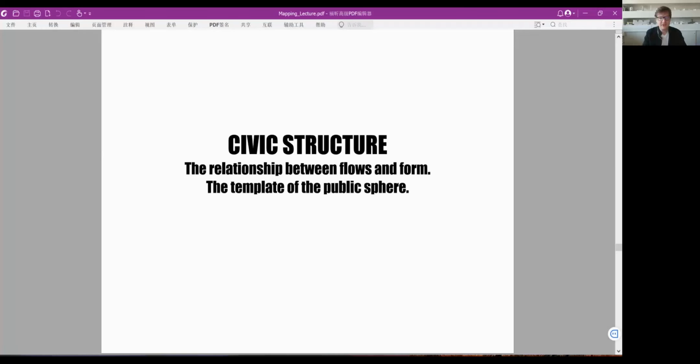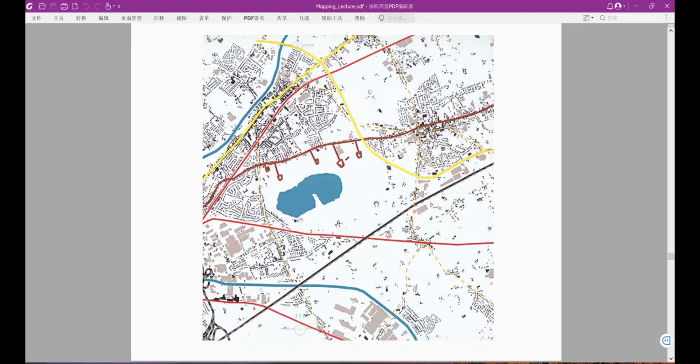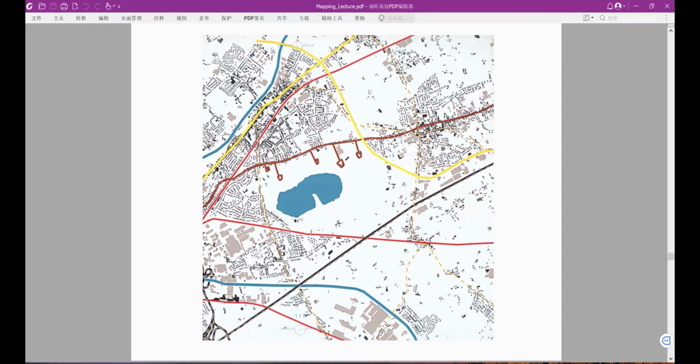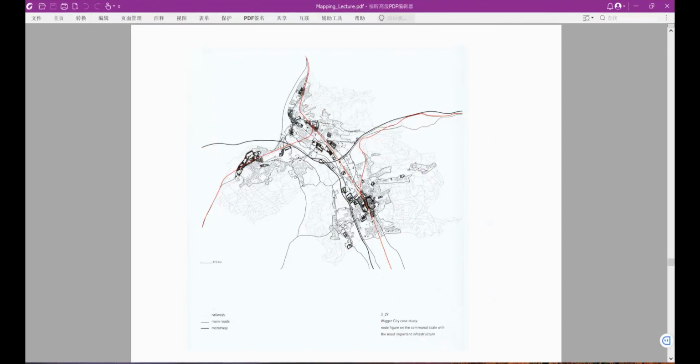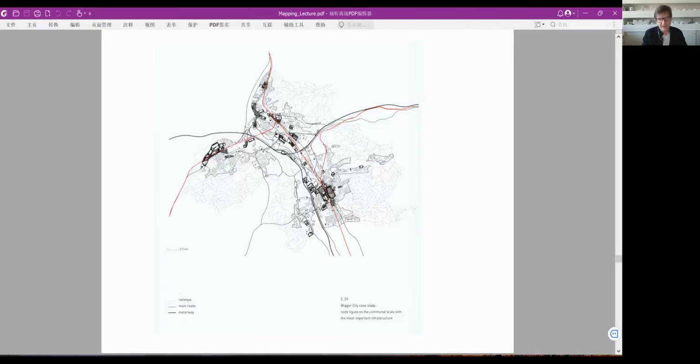And now I come to the civic structure, the relationship between flows and form, the template of the public sphere. Next one. This is an urban analysis map. Brussels. Next one, please. So we come to a smaller city called Rigor City.